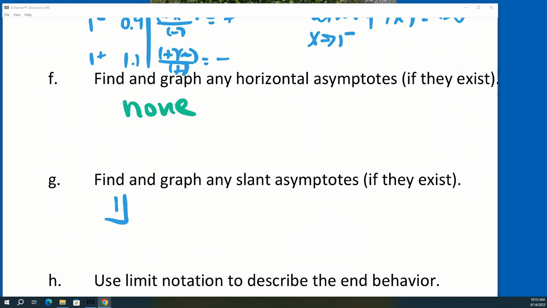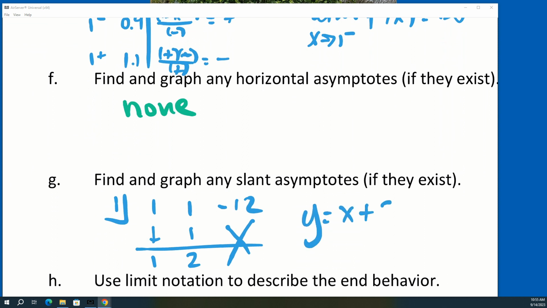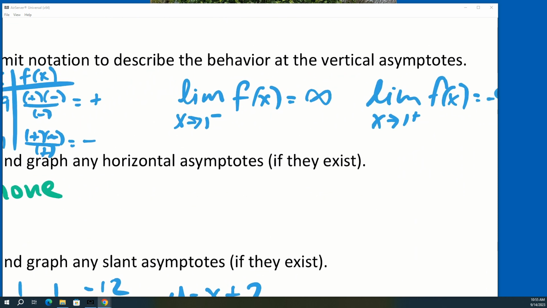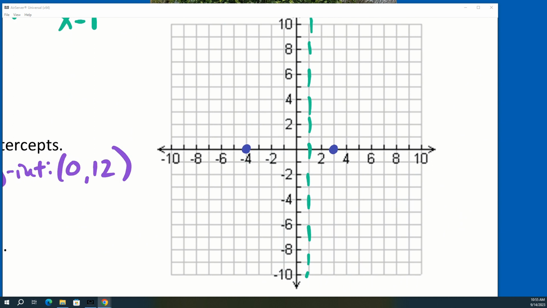Synthetic. So I got that my slant asymptote was y equals x plus 2. So I am going to go to my y-intercept of 2 and then do a slope of 1.